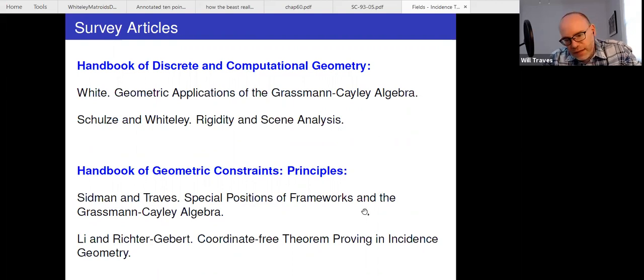And then in the latest handbook of geometric constraint principles, Jessica and I have a paper that describes some of this work, and Jürgen Richter-Gebert and Lee have a paper about coordinate-free theorem proving in incidence geometry, and they do some of this binomial proof stuff.